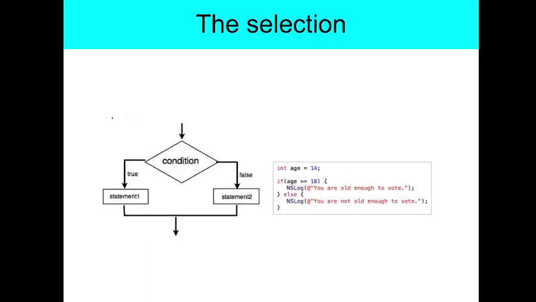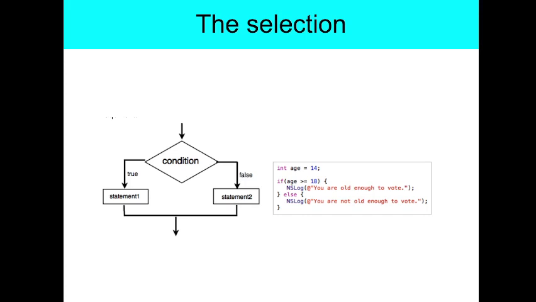The second structure is the selection. I'll make an example. If you wake up in the morning and you look out of the window to check the weather. If it is raining, this is a condition, then you take an umbrella with you. If it is not raining, you will go out without taking the umbrella.